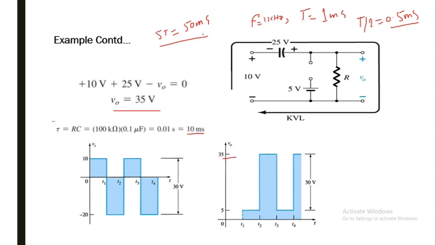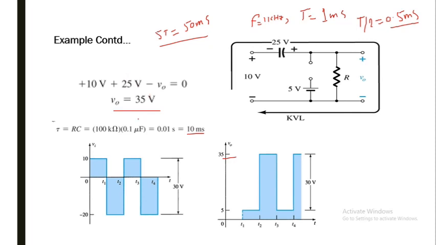So we can easily assume that the capacitor will hold this whole 25 volts for this complete half cycle, the time T2 to T3. That is why we assume that for this complete time T2 to T3, capacitor has voltage 25 volt approximately.